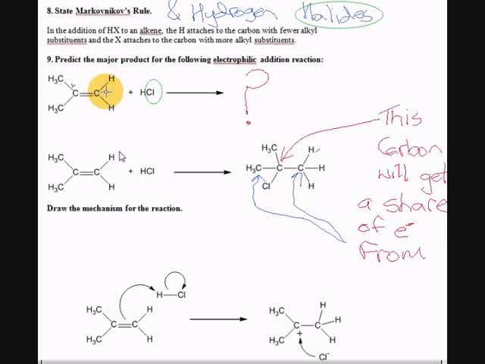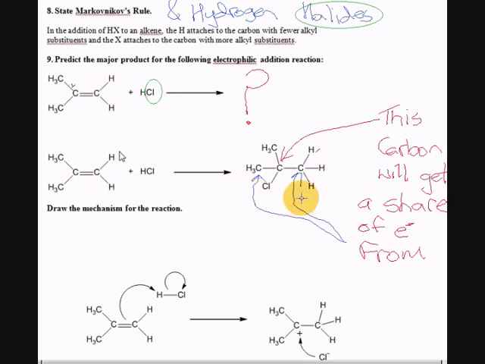So the hydrogen will be attracted to this carbon with more hydrogens because it already has established this path already. And the halide will bond to the other carbon with the other alkyl groups. Whichever way you prefer, but it's a little simpler to think that the hydrogen attaches to the carbon with more hydrogens at the reaction stage.